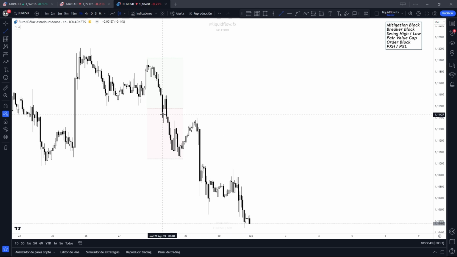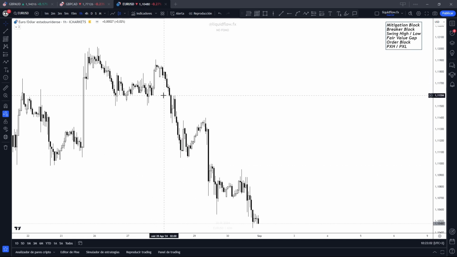What do we have? We have this one. This is our mitigation block. And then why didn't it come here? Okay, it didn't come because I say we use the recent legs.